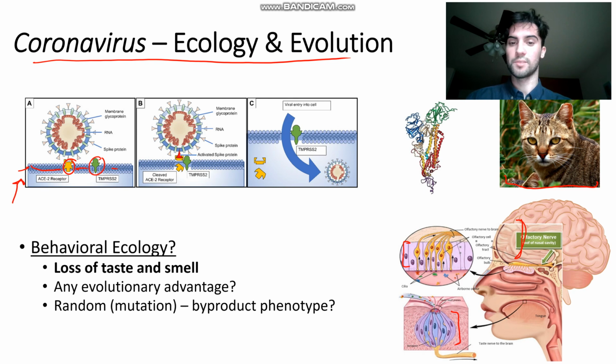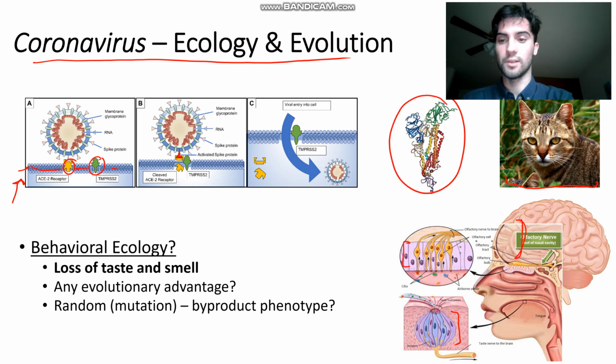And so what happened is, maybe because this virus has such a long incubation time and it's prone to mutation, the virus randomly was able to have a strain that could recognize human cells. And so this is the spike protein that we see making the crown of the coronavirus. And the binding domain, let's say it's here. So this is the part that will bind to the human cell. And after it binds, then it can get inside.